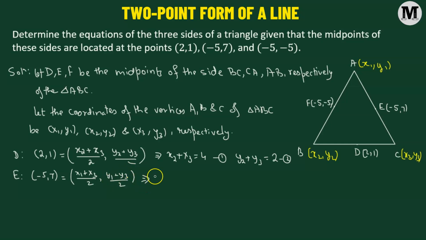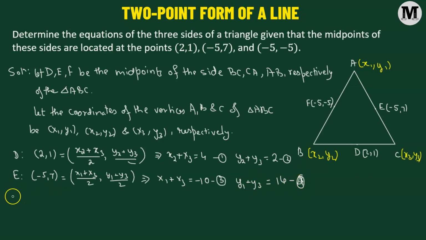When we equate, we get two equations. One is x1 plus x3 equals -5 times 2, so that's -10. Let this be equation number 3. Then we equate (y1 plus y3) over 2 with 7, which gives y1 plus y3 equals 2 times 7, that's 14. Let this be equation number 4.